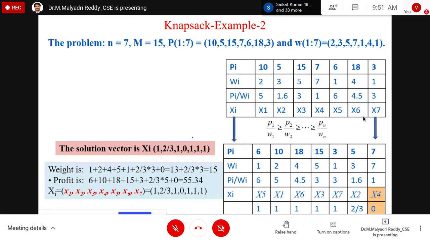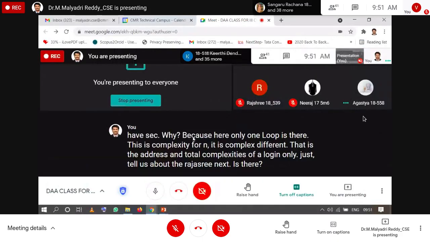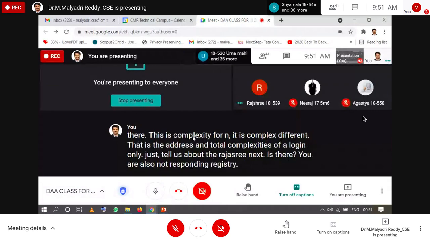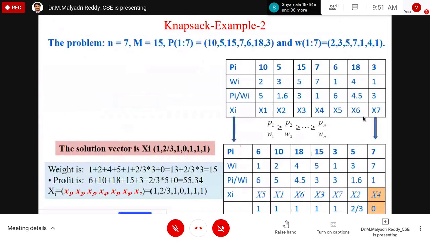Rajashree, next. You are also not responding, Rajashree. Yes, sir. Can you explain this problem? This is a textbook exercise problem. You will try. If the objects are more in number, the feasible solutions are difficult to solve.